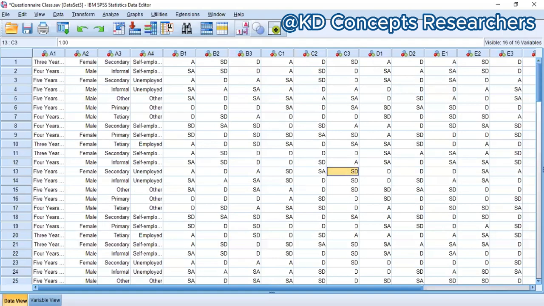So this evening, we've seen again how to compute descriptive statistics for your survey data, and also how to check for correlation analysis. Let's go back to the results and see all the results we have obtained from this analysis.